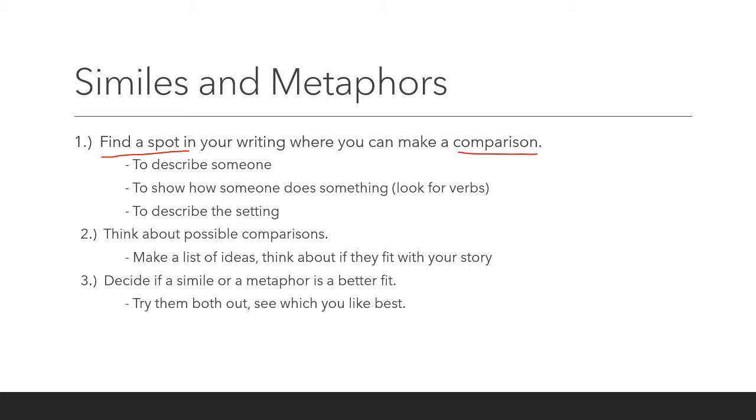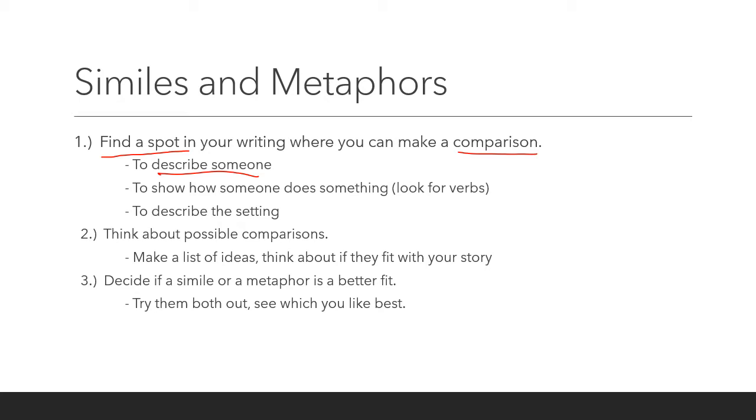You can use it when you're describing their personality. So you could compare them to a hummingbird if they zip around all over the place, or you could compare them to a toad if they are quick or slow to make ideas. And you're just like, oh, Thomas was a toad when it came to making ideas. So you could use that. You can, so I'm going to underline that, describing someone.